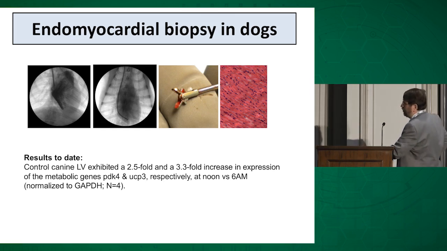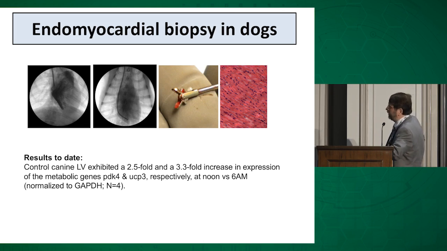So you have relative prolongation of the QT interval, showing that even in these two time periods, a heterogeneous response in the setting of heart failure gives you some contribution to the arrhythmogenic substrate.